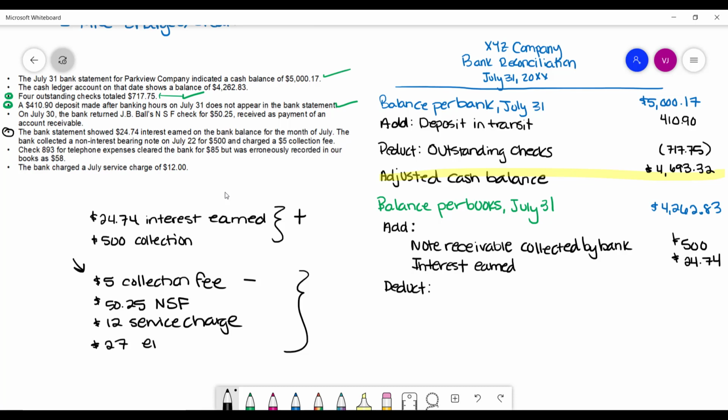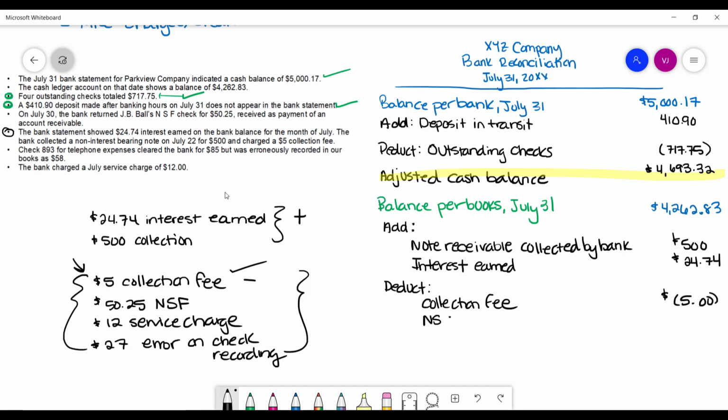That's an error in the check recording as far as the journal entry is concerned. So now we have to deduct all of these. Let's deduct the collection fee, which is $5. That one's dealt with. Let's deduct the NSF check.